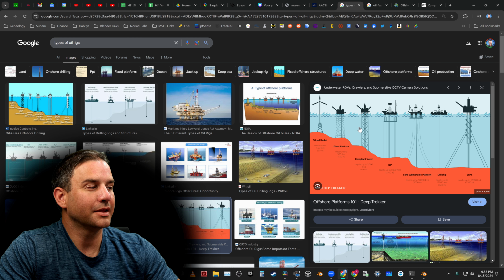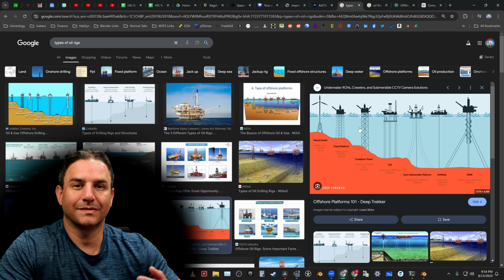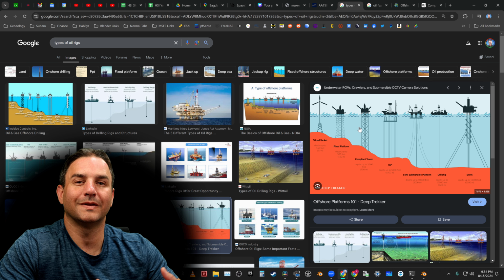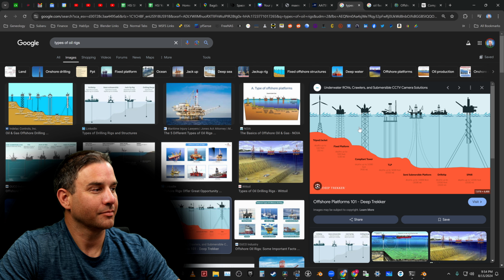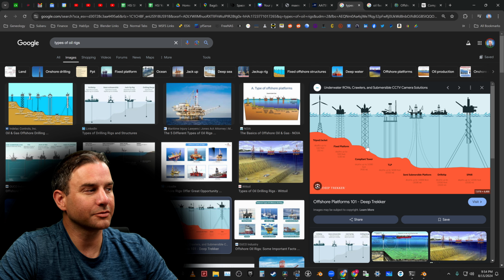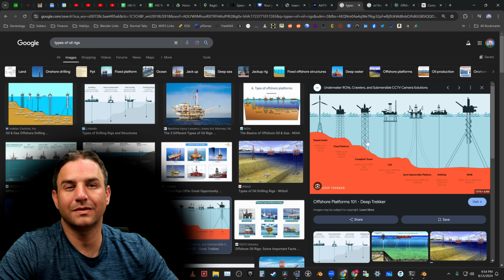A compliant tower relies on buoyancy. It actually has buoyancy built into the tubes of the structure, and they can build these to much greater depths. The tallest compliant tower ever made was the Petronius Tower, which was installed in 1997.